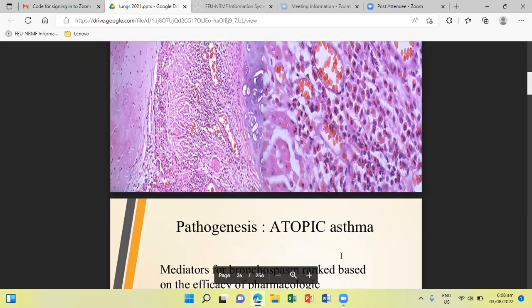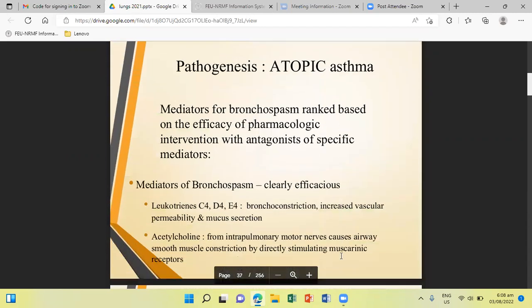So let us try to run down the different mediators. The mediators for bronchospasm would be your leukotrienes and your acetylcholine. There are many mediators produced by leukocytes and epithelial cells. These are what we call suspects, and they are actually ranked in your book based on clinical efficacy of pharmacologic intervention with antagonists of specific mediators.